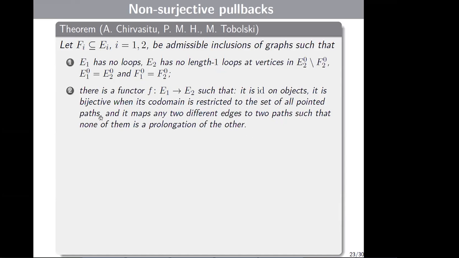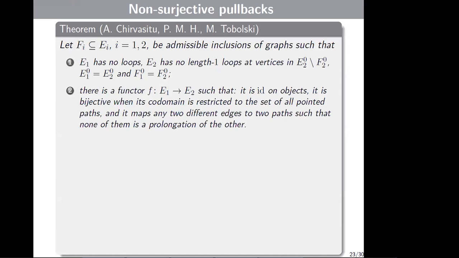And now I have this very important assumption that when I look at this map from finite paths in E1 to finite paths in E2, it is bijective when we restrict its codomain to the set of all pointed paths. Remember the definition of a pointed path? We had it earlier. A finite path is pointed if its final edge is not a loop.